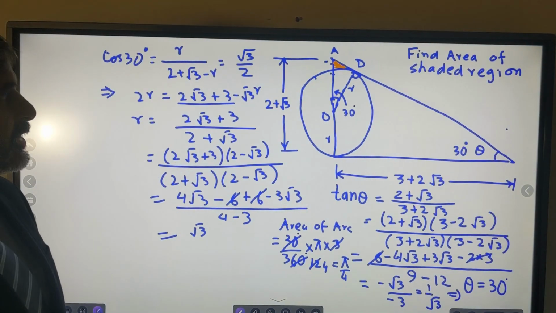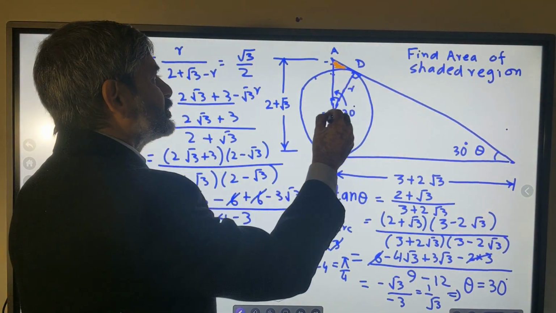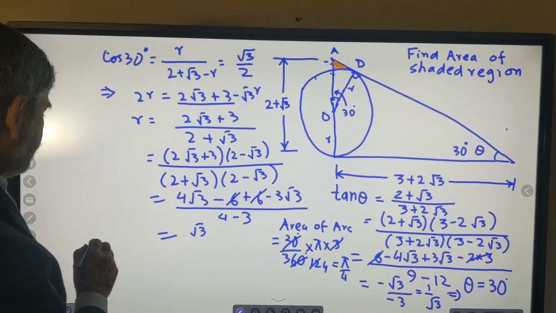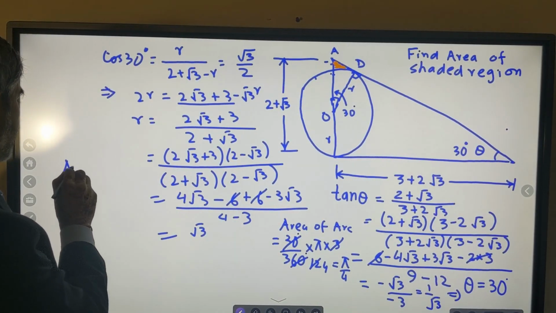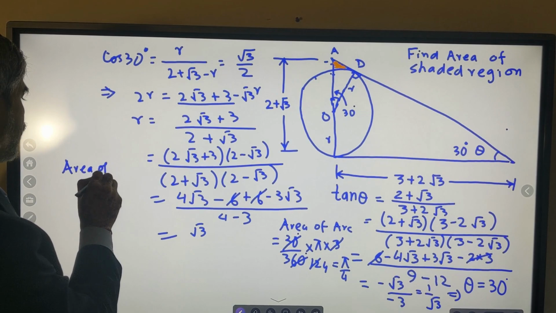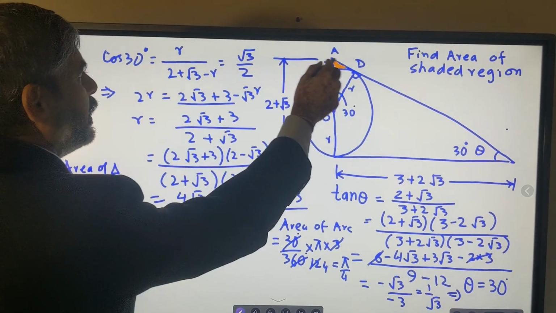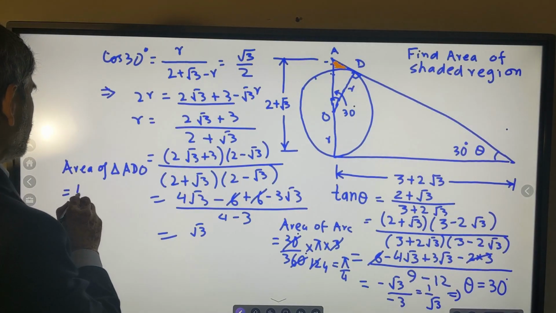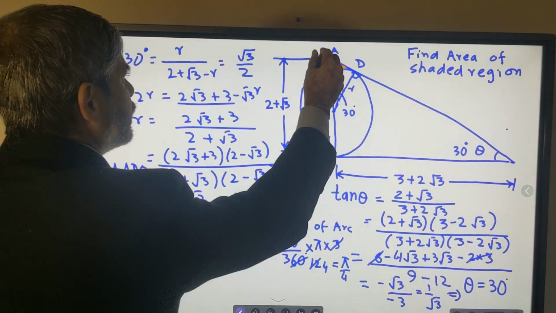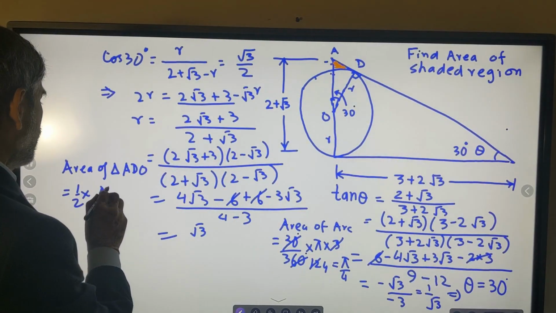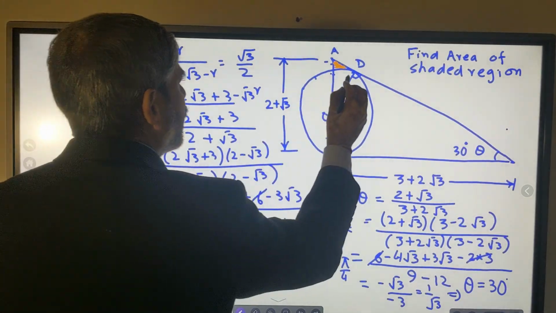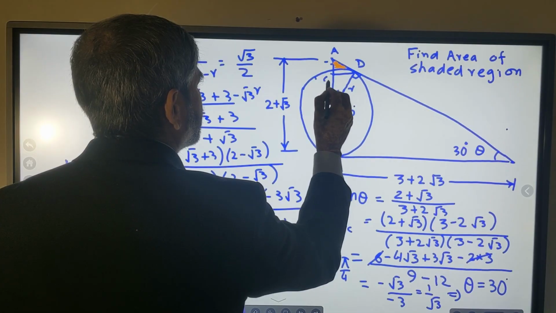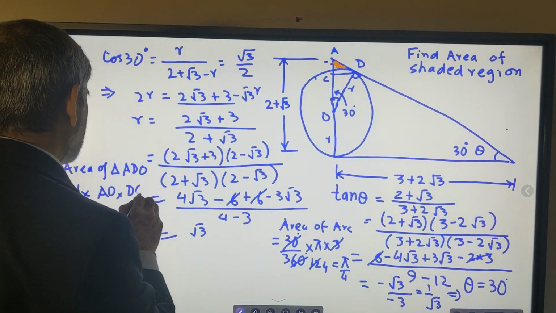The next thing we need to find out is the area of this triangle, area of triangle ADO, which is equal to half multiplied by this base AO multiplied by, I'll drop a perpendicular from D to here, call it C, so I call it DC.